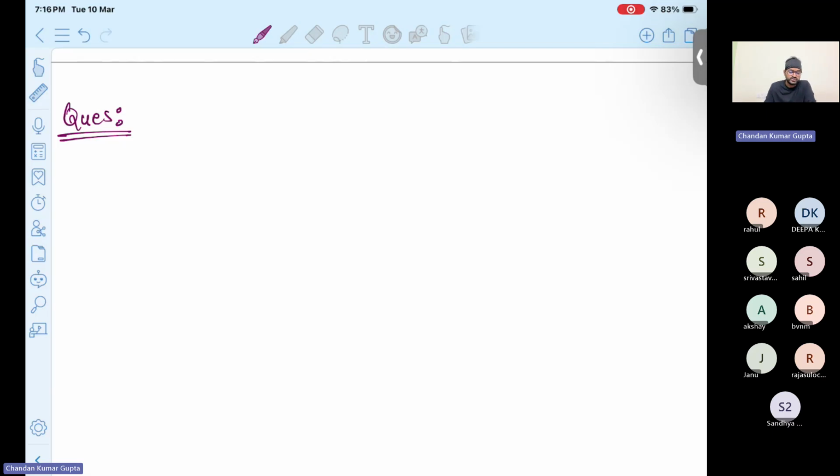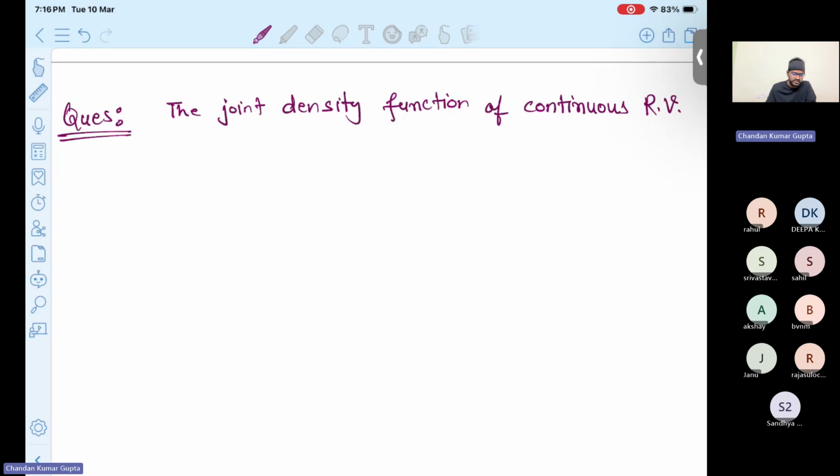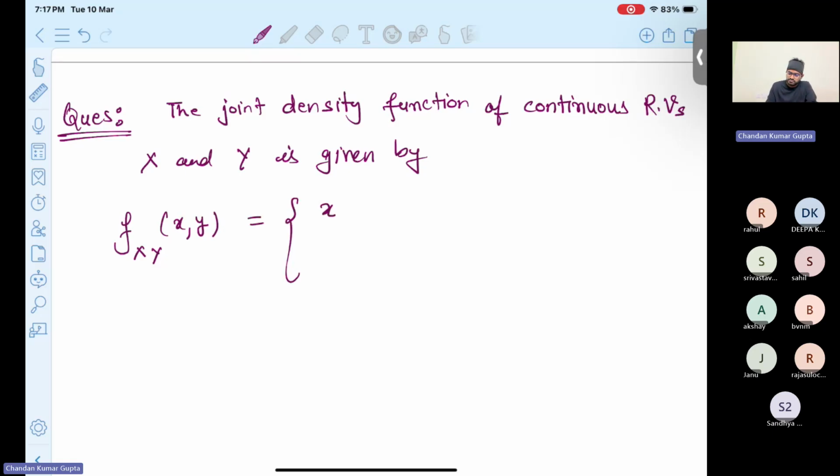We are given the joint density function of continuous random variables X and Y, given by x plus y when x lies within 0 to 1, y lies within 0 to 1, and 0 otherwise.